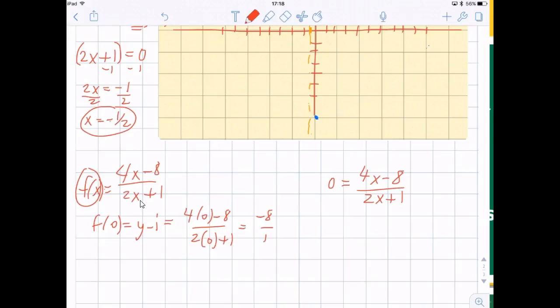I've seen a lot of people make terrible arithmetic and algebra mistakes in trying to figure out what x is. Let me show you what some people have tried to do. Some people try to get x out of the denominator, which is fine, and they multiply both sides by 2x plus 1.